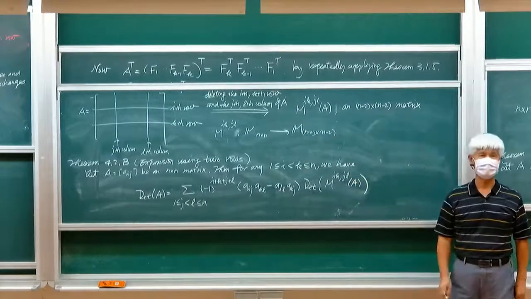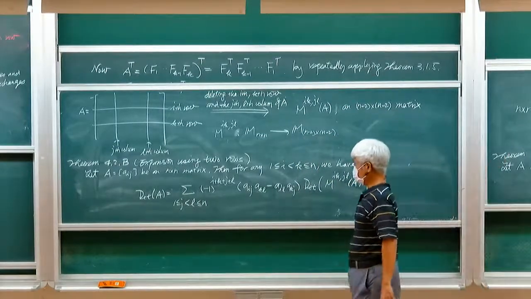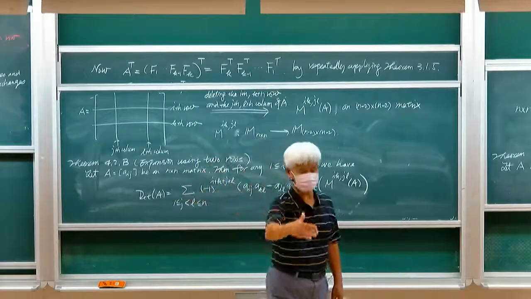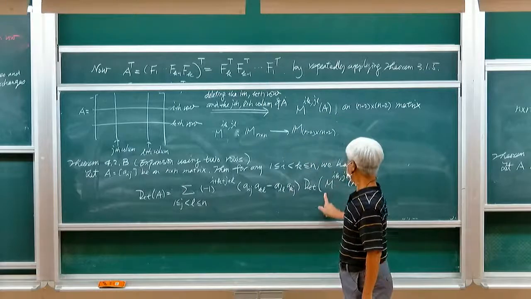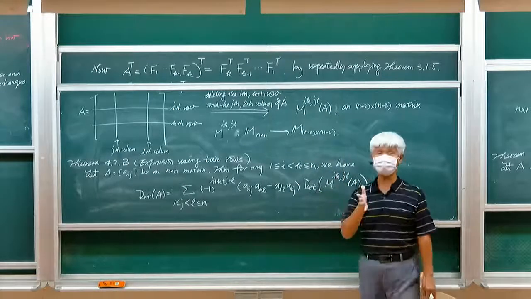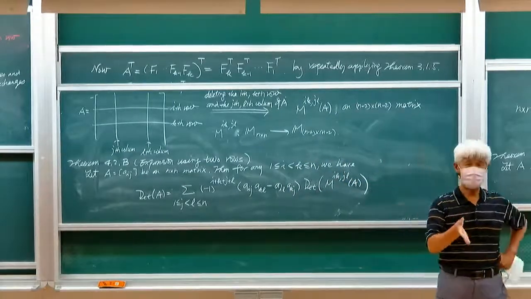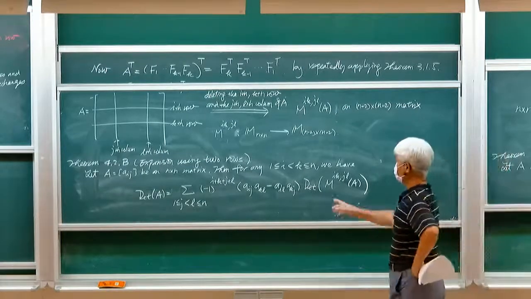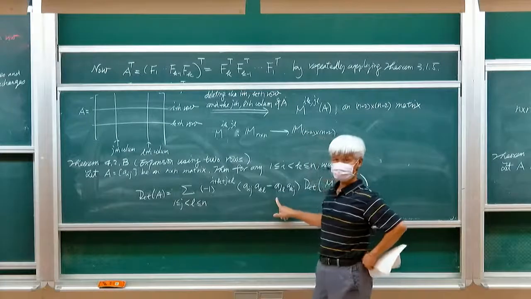So when we downsize the matrix A by two, we can use the determinant function on n minus 2 times n minus 2 matrices, and the formula becomes like this one.